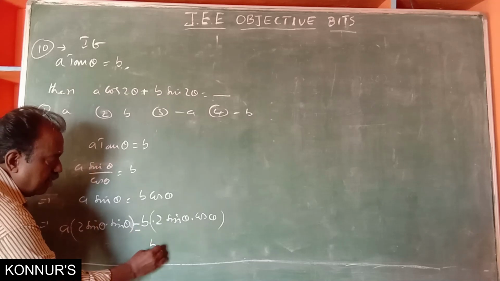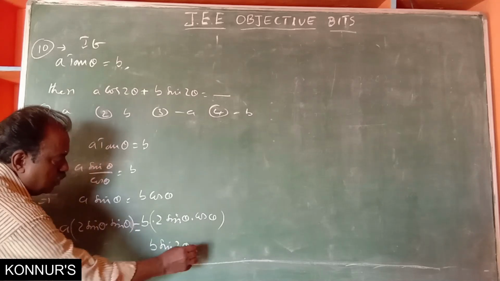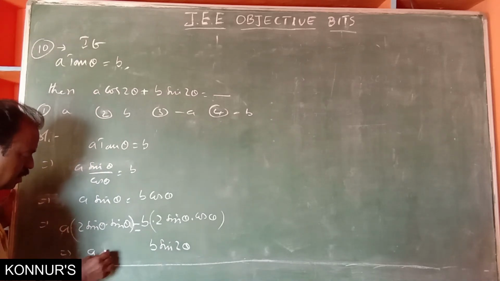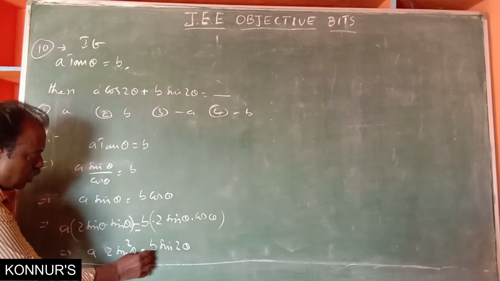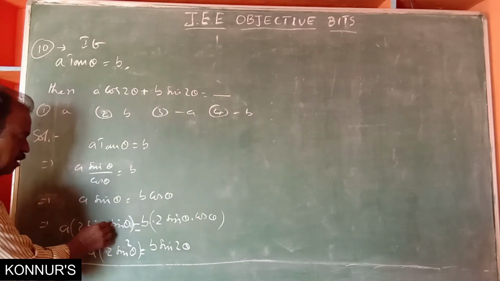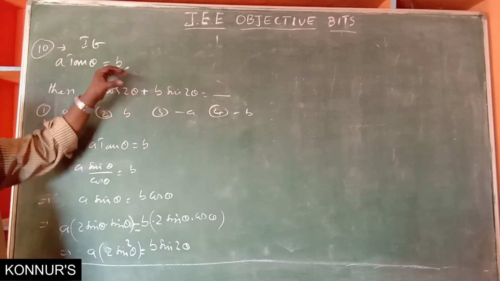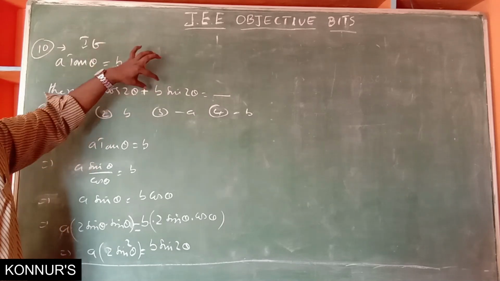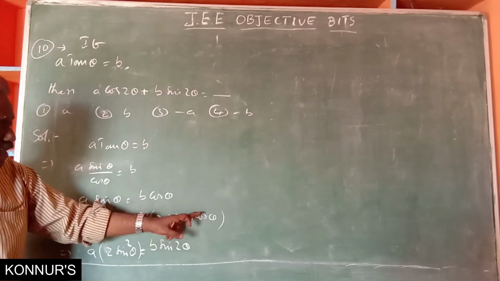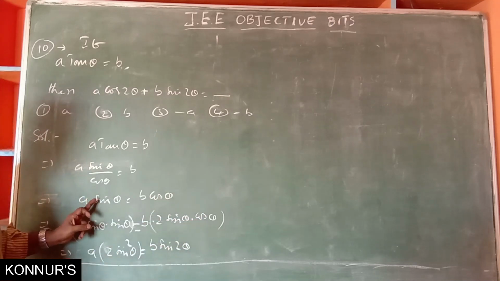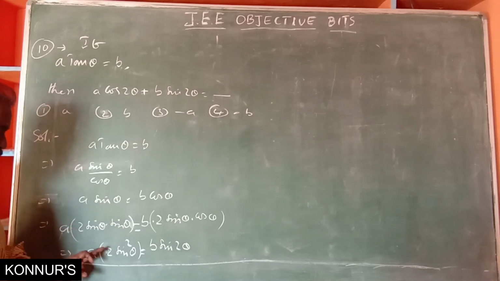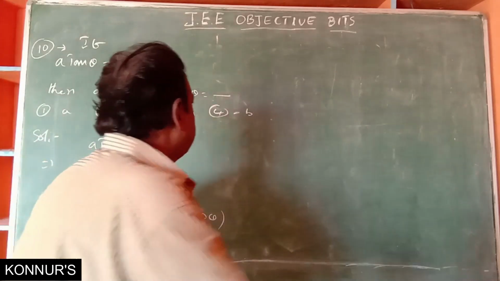Here it is 2 sin square theta. Don't confuse. In the required expression b sin 2 theta is there. To get this one, only you assume this one sin 2 theta. So 2 sin theta, already cos theta, sin 2 theta. Here also sin theta is there, 2 sin theta and sin theta is 2 sin square theta.